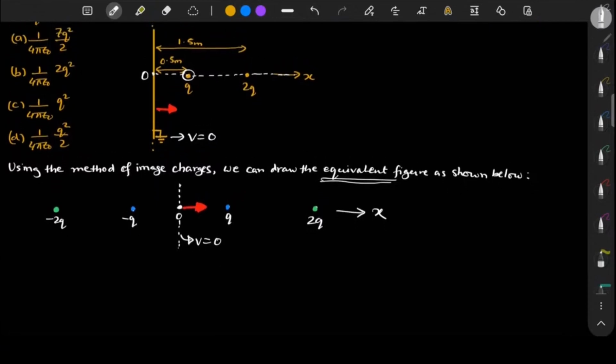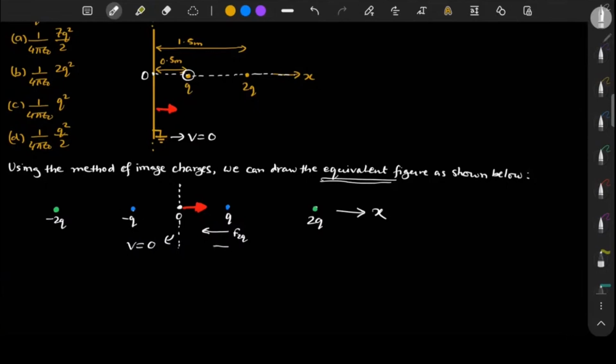So let us now find out the force. So this is V equal to 0. So force acting on this q charge would be due to 2q right here, 2q on this side. So this is force due to 2q. Since both these charges are of the same sign, that's the direction of the force, it will repel. Then we have force due to this minus q.